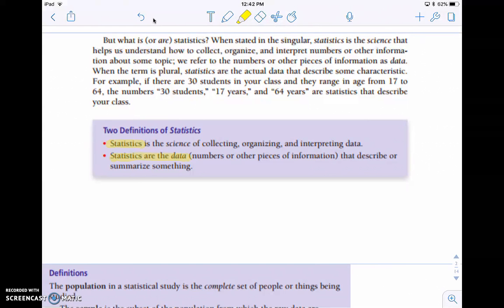Up here, if we talk about, there are 30 students in a class that range from 17 to 64. Those numbers, 30 students, 17 years, 64 years, those are statistics that describe the class. So that would be in a plural sense. And so, again, it can be talked about in a singular sense or in a plural sense. And usually it'll be given away based off of the context of what you're talking about.